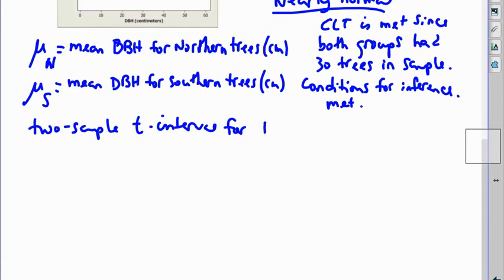for the difference of means. And we're specifically going to do, why don't we do north minus south or south minus north? I mean, it doesn't really matter, but why don't I just go south minus north, because then I'll end up with positive numbers.